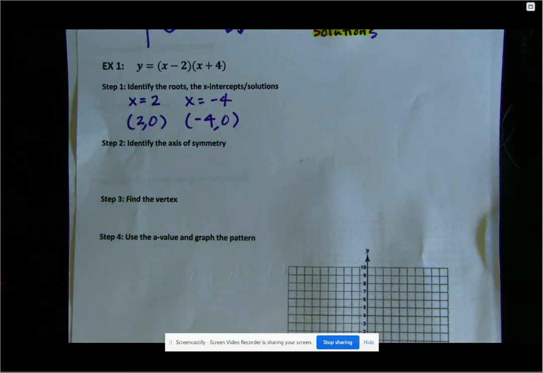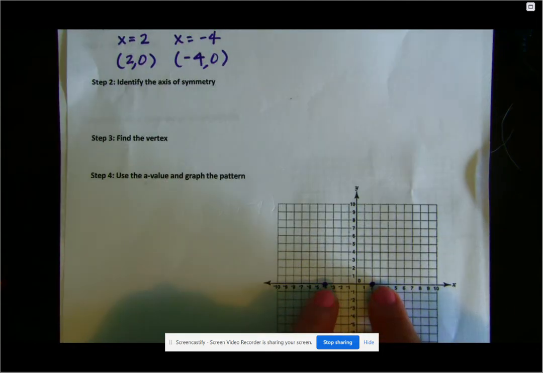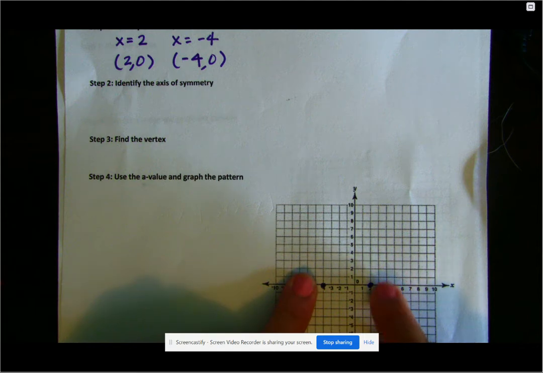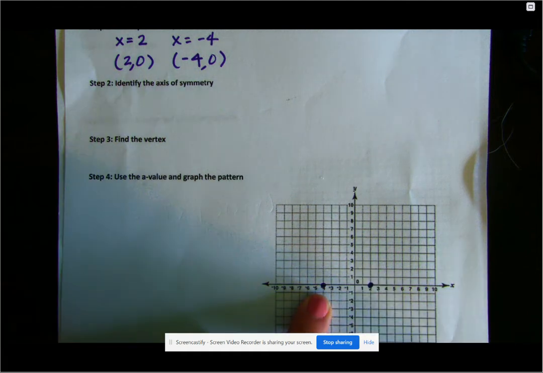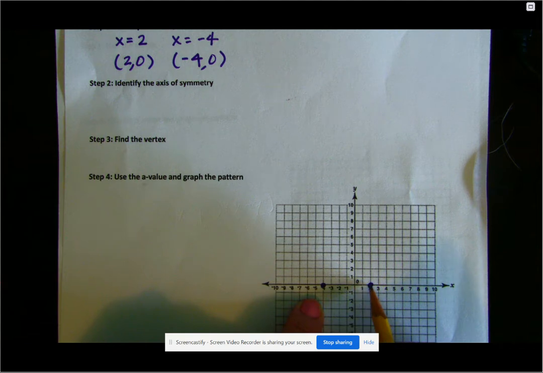Now the axis of symmetry: we know that a parabola is symmetrical, so if we count to the middle of these roots, we could find the axis of symmetry. We're on a number line, and we have positives and negatives. Right in the middle of -4 and 2, if you count, 1, 2, 3, 4, 5, 6, they're 6 apart.